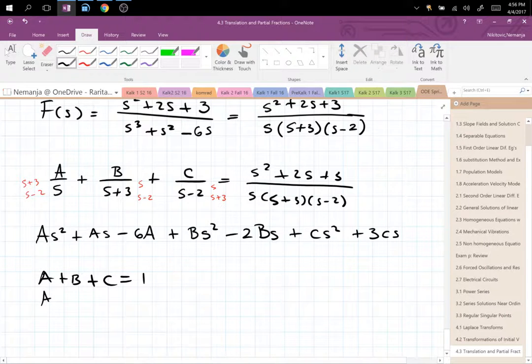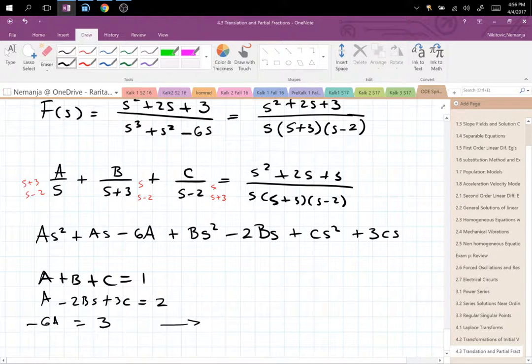So I have A s, 2Bs minus 2Bs and plus 3C is equal to 2, and negative 6A, that's it, just negative 6A is equal to 3.